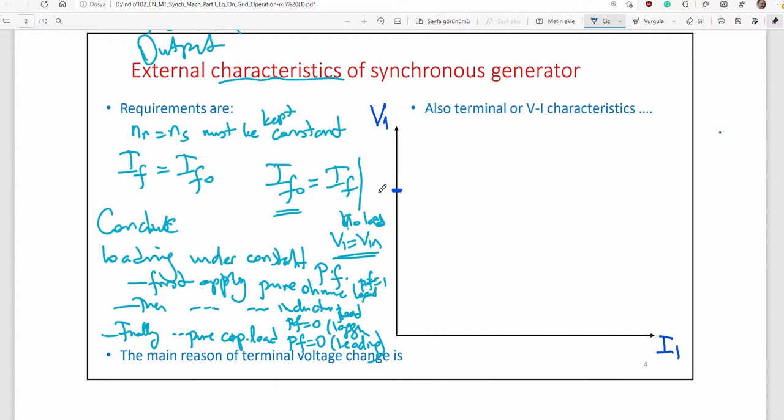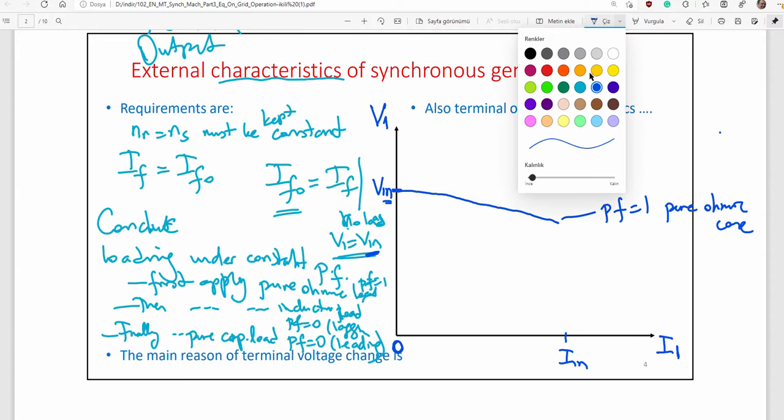First of all, it starts from rated value. I1 nominal, here it is. When there is no load, 0 load current. And then apply pure ohmic load. Voltage will drop. Okay, let's say I want rated value. That is the curve belonging to power factor unity, pure ohmic case.